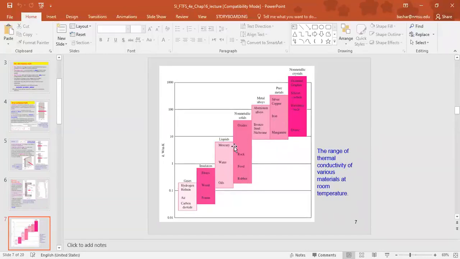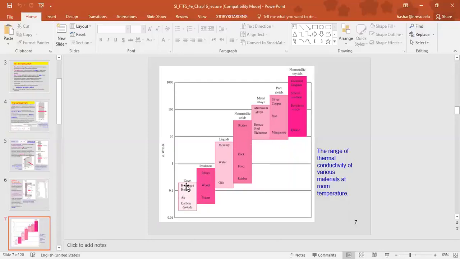We can notice from this figure that the substances that have the highest thermal conductivity in general are the non-metallic crystals such as diamond, graphite, silicon carbide, and quartz. Then they are followed by the pure metals such as silver, copper, and iron, and then by metal alloys such as aluminum alloys, bronze, and steel. These are followed by the category of non-metallic solids such as oxides, rock, and food, then liquids such as mercury, water, and oils, and then insulators such as foams, wood, and fibers.